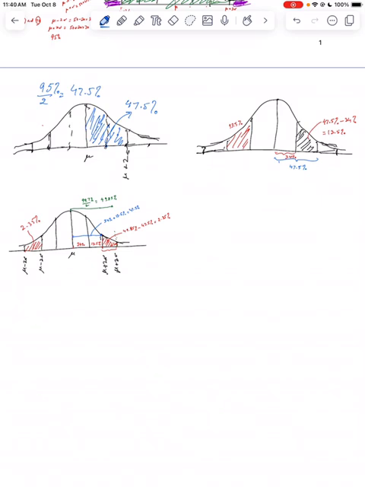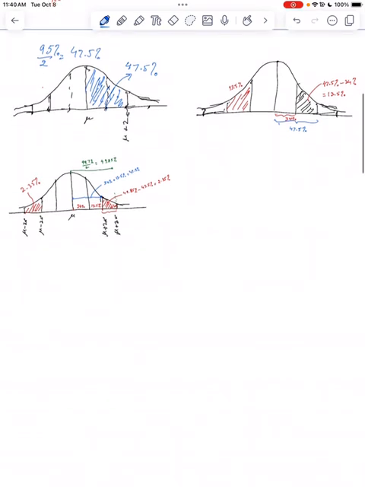On the horizontal line, the numbers that I am writing are z-scores. If you notice here, we are talking about z equals 1 when we are at mu plus sigma.